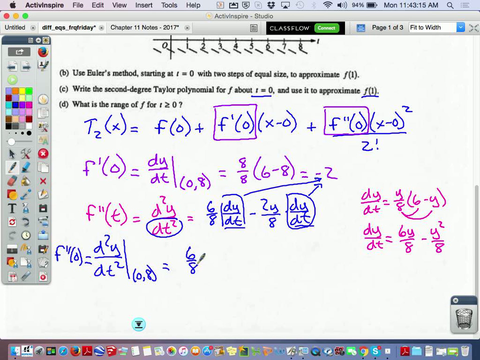So I'll get 6/8 times negative 2 minus 2 times 8 over 8 times negative 2. And when we work that out, we should end up getting 5 over 2. So that's my second derivative. My first derivative is negative 2. Now we can put all this information back into a nice Taylor polynomial.